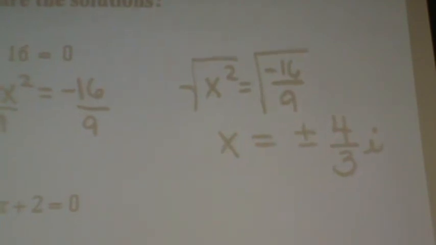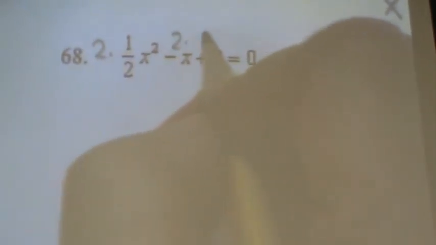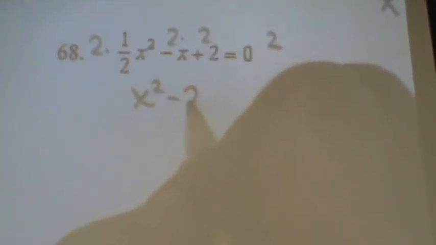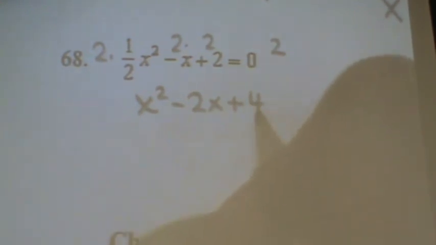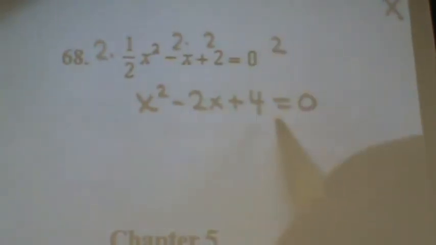Okay, and then 68, what should you do? I don't like this fraction here. I'm gonna multiply all of it by 2. So you get x squared minus 2x plus 4 equals 0. Now, I'm gonna complete the square because this is an even number. How do you complete the square?